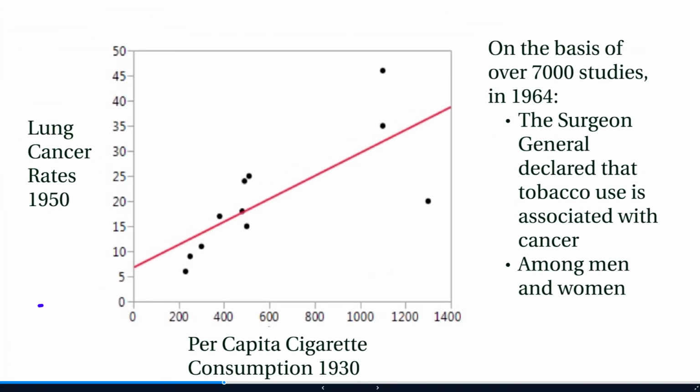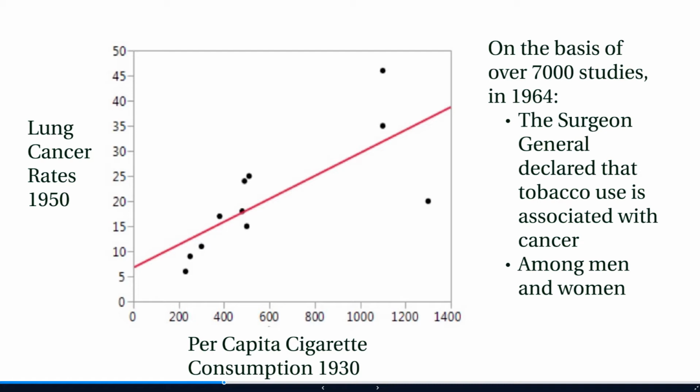Here again, you could look at per capita cigarette consumption in 1930 on the x-axis. And on our y-axis, we have lung cancer rates in the 1950s. So attempting to make a time association here, looking at what the consumption was in 1930, and then what was the cancer rate in that same area by 1950.